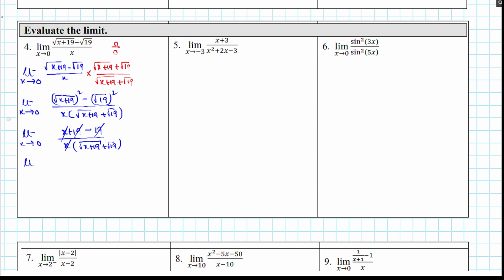So that is the limit as x tends to 0 of 1 over square root x plus 19 plus square root 19. So you can substitute the limit here. That is 1 over square root of 0 plus 19 plus square root 19, which is 1 over 2 root 19.